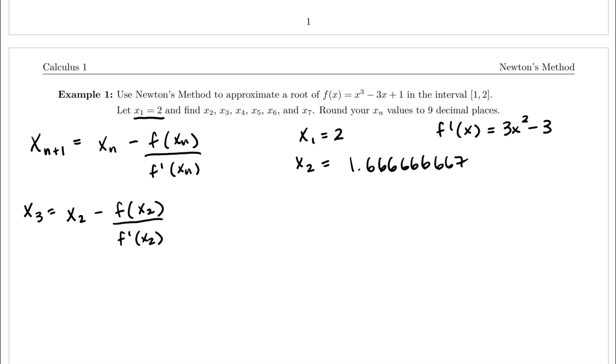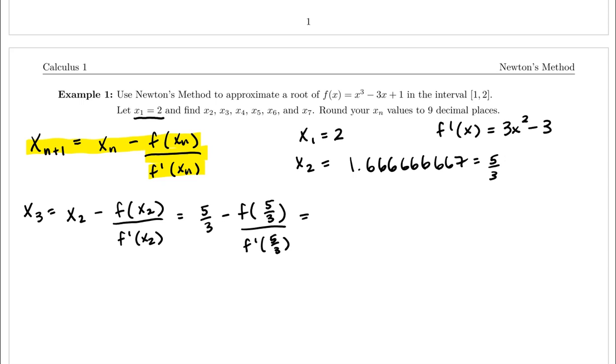And I highly recommend, in the previous page, we derived this formula, and you could derive it every time, but I just recommend that you memorize this formula. Okay, so this is equal to, I'm going to stick to 5/3 so that I don't have to write all of the decimal places, but we have 5/3 minus f of 5/3 over f prime of 5/3.